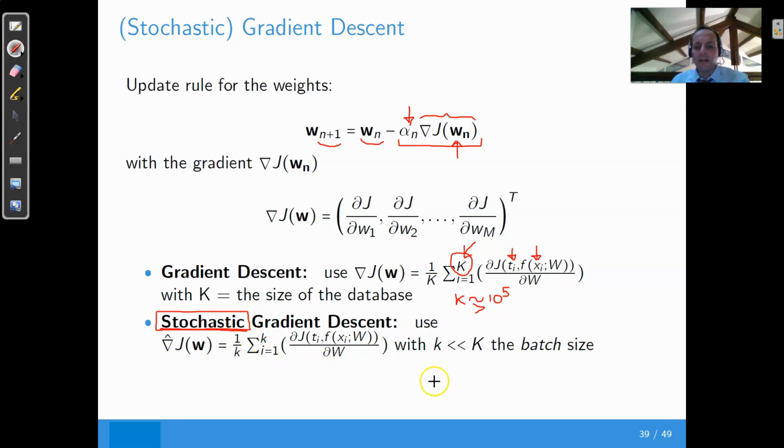Stochastic gradient descent means that we are evaluating our cost function, which is why we use here the notation with the hat, for a reduced number of the original batch size, normally several hundred, so it's much cheaper in terms of computational complexity.